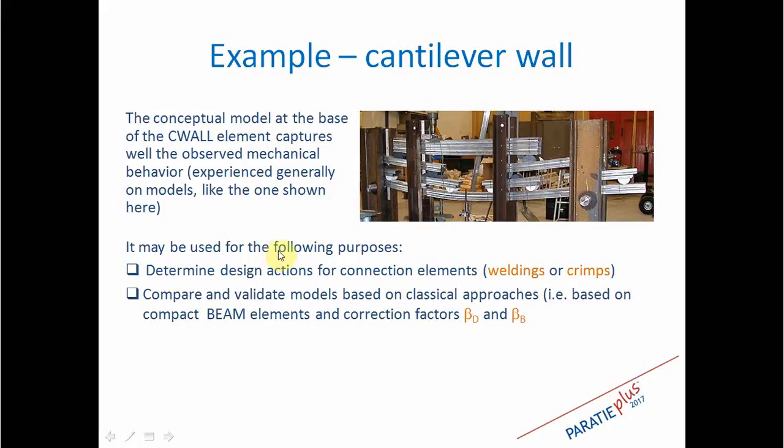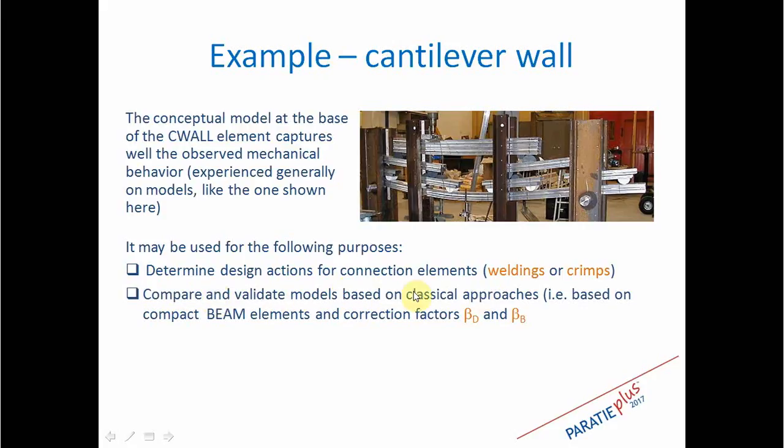So our element, in our opinion, can be useful for essentially 2 purposes. To determine the design actions in the connection between elements if you want to weld or crimp the elements, and compare and validate models based on classical approach.